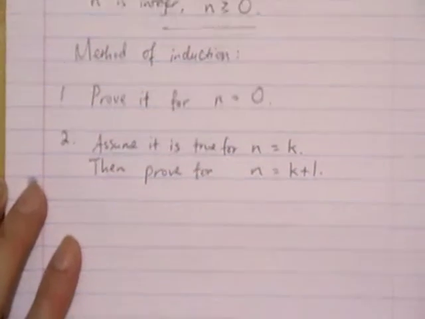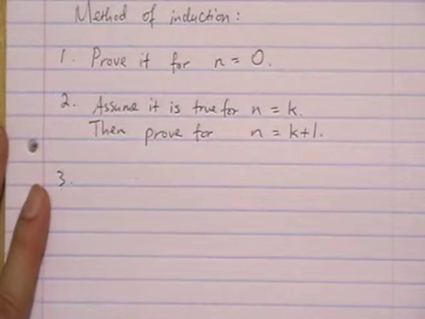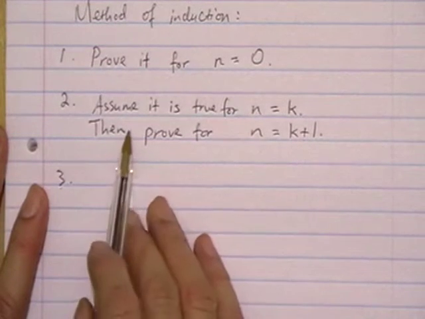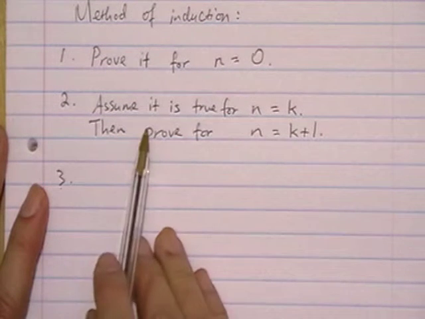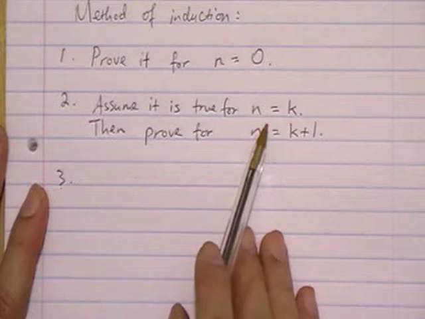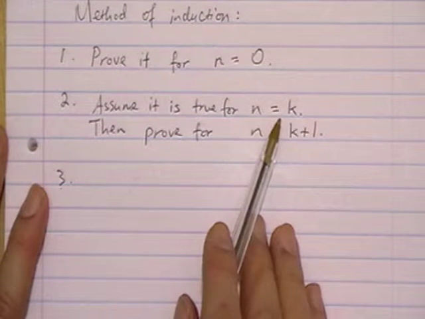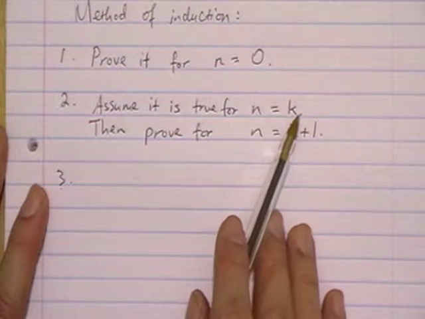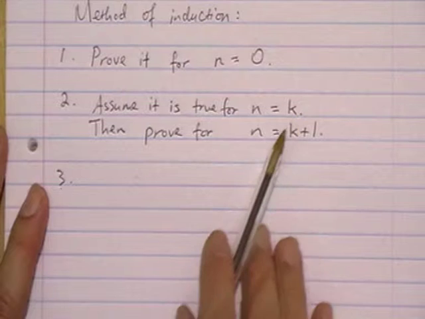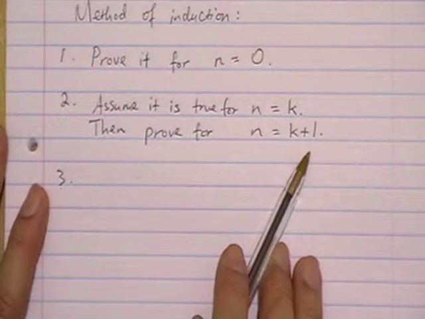And in step 3, I shall look back at these 2 results and say that since if it is true for a particular number, then it must be true for the next number.